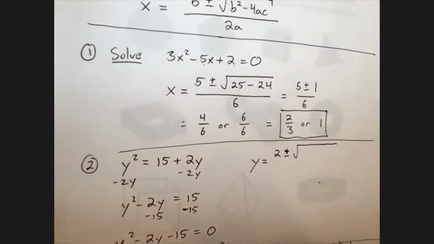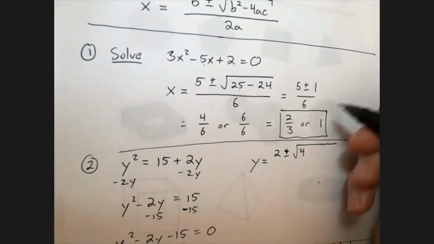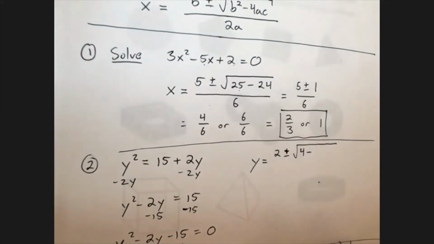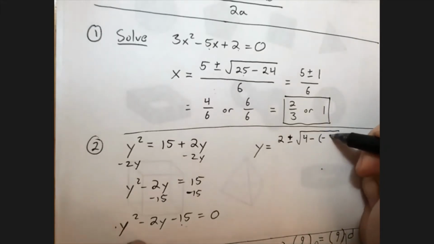So b squared is the -2 squared, so that's 4, minus 4 times a times c. So it's going to be 4 times 1 times -15. 4 times 1 is 4, and 4 times -15 is -60.